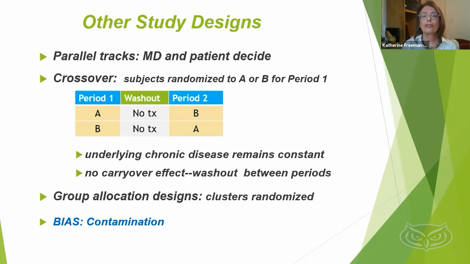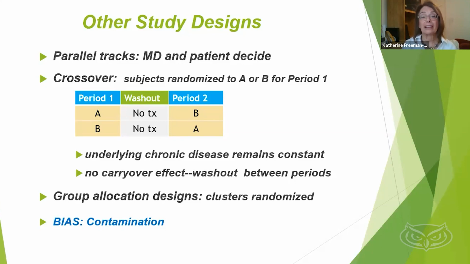So now that HIV has become a chronic disease, you may be able to use certain of these crossover designs. These are often used in hypertension. You want to make sure that the disease doesn't go away, and I don't mean to be flippant about that.